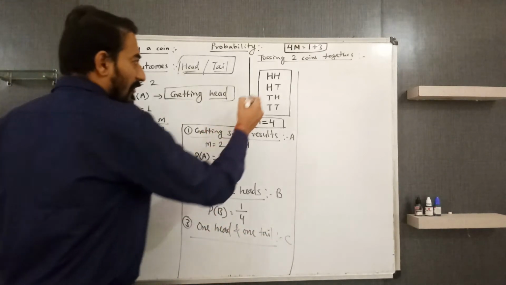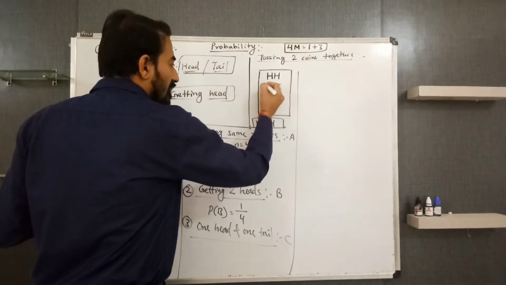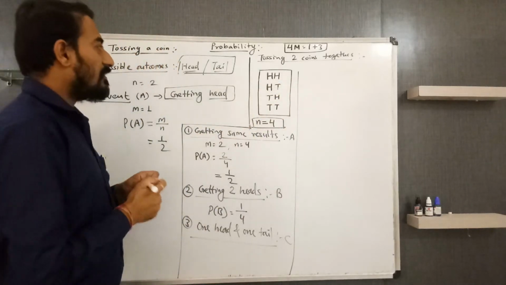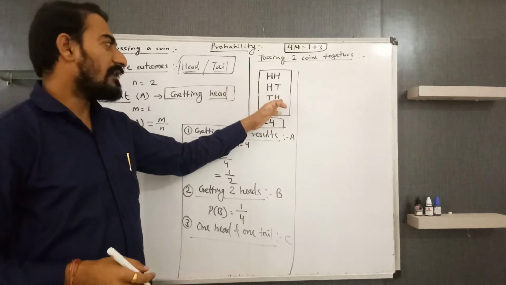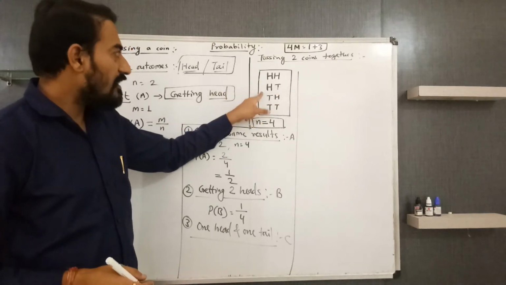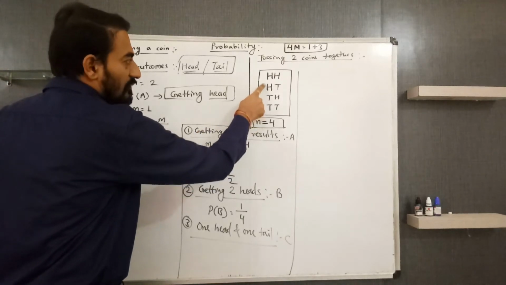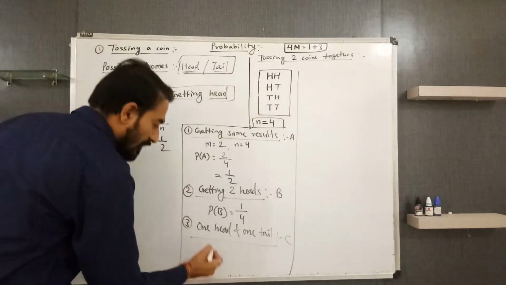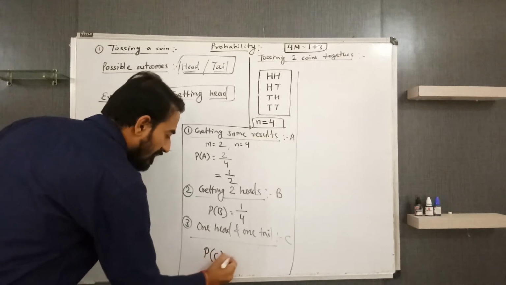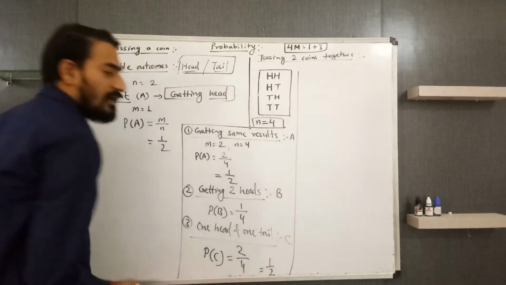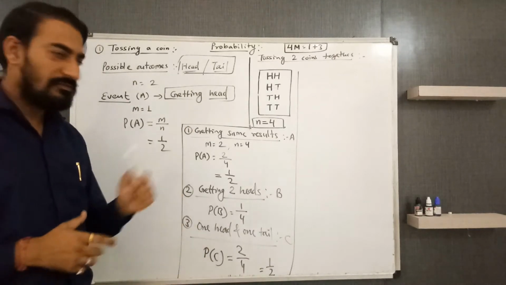Here you have one head, one tail. Here also you have one head, one tail. It doesn't matter whether head is first or second. We need one time head and one time tail. So how many outcomes do we have for it? We have two outcomes for it. So the probability of this event will be 2 by 4, means 1 by 2. Getting this?